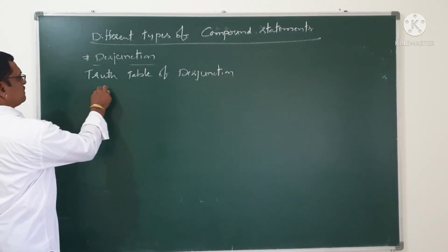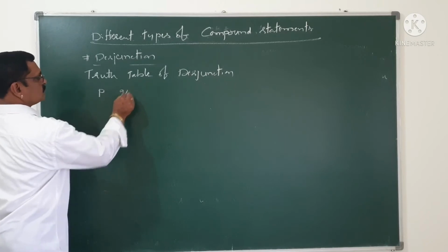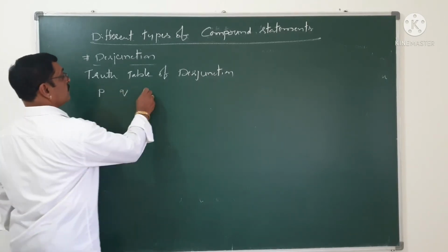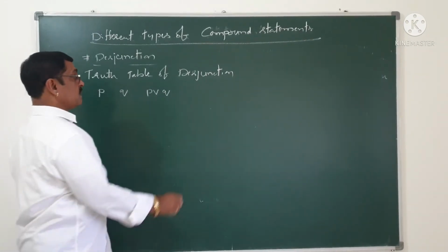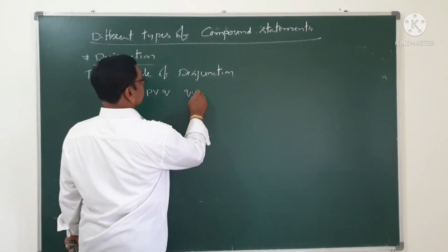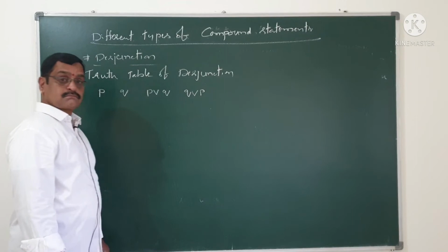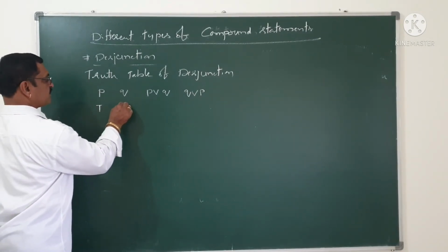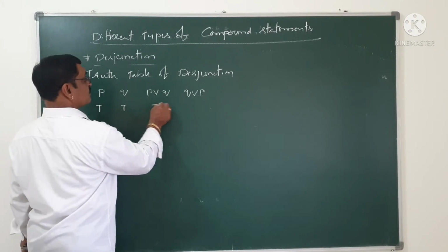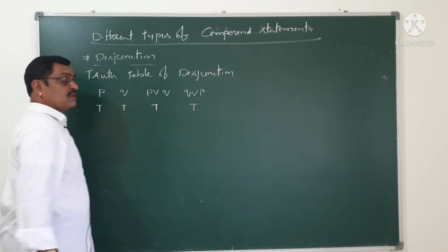First one, I take P, Q, and here P or Q. P or Q is the same as Q or P. Now, when P is true and Q is true, P or Q is true, and of course Q or P is also true.